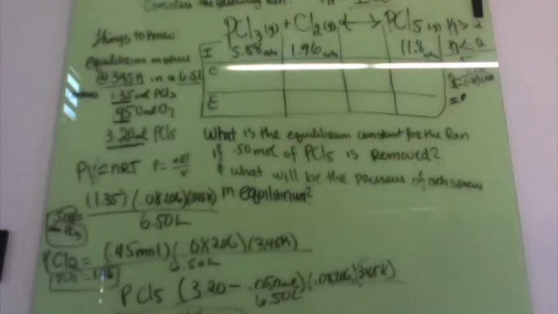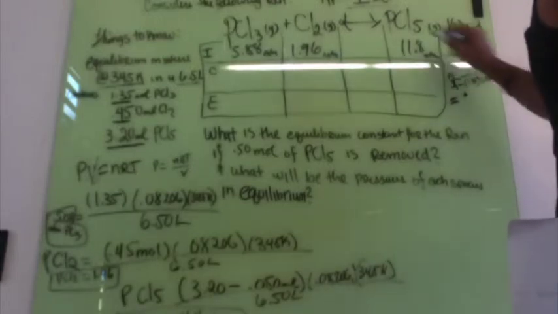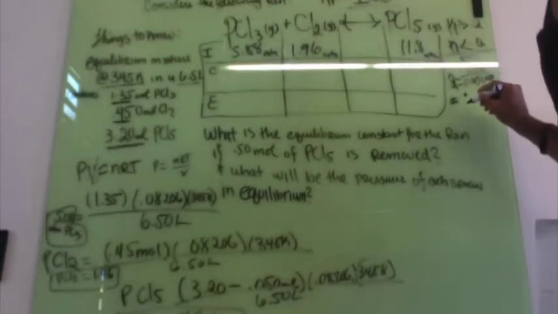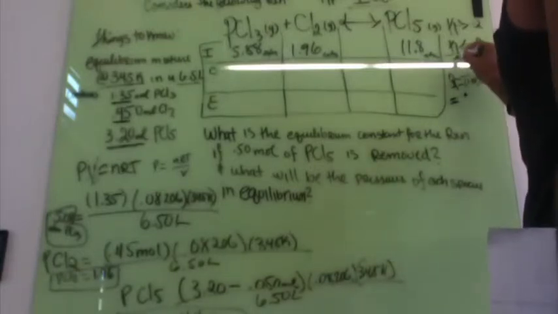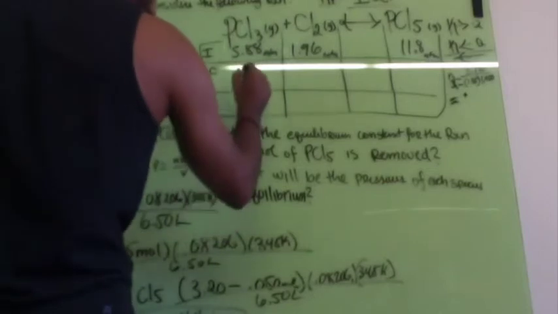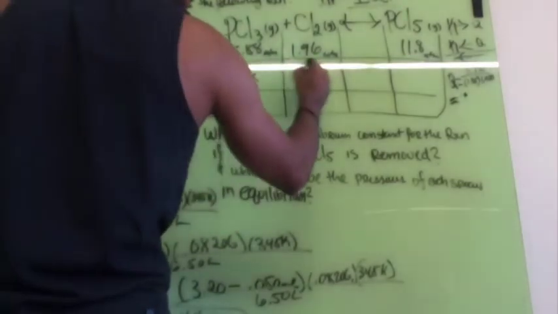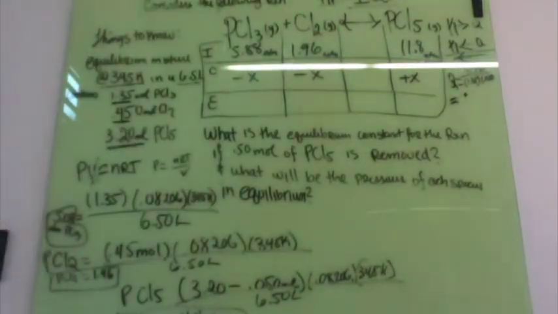So we know here we'll get a number, and this will be greater than obviously 1.21. So it would be going in the reverse direction because Q is greater than the K. So what we'll have here is minus x, plus x, plus x.